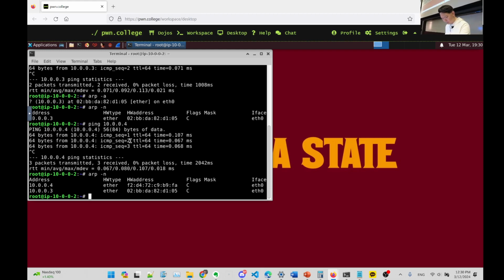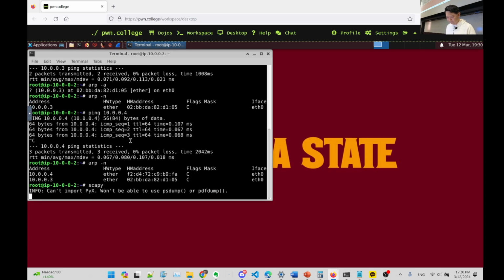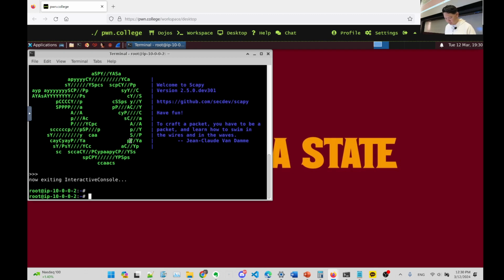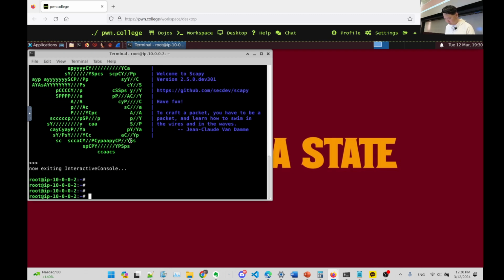And let's try to see how we can send the ARP packet at layer 2. So we are using Scapy now, right? Okay, let's figure it out.